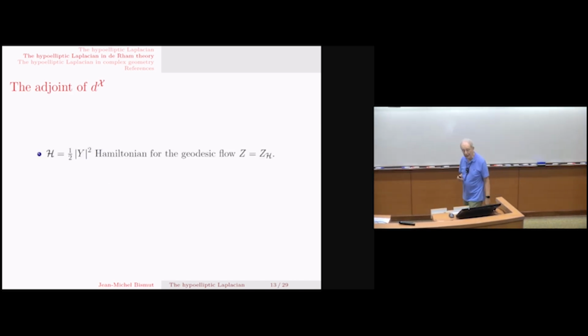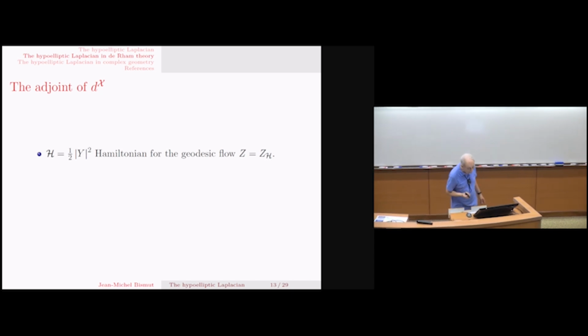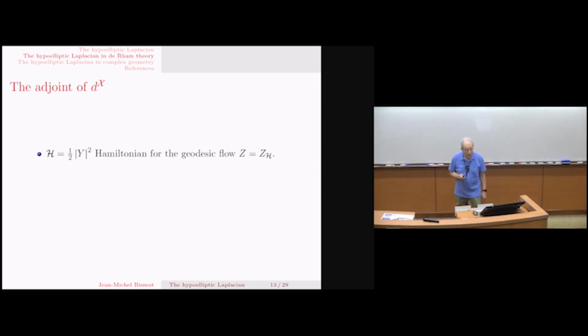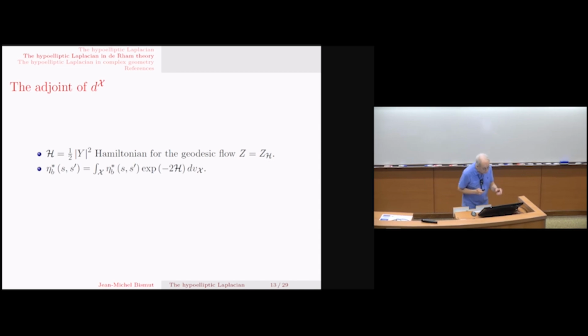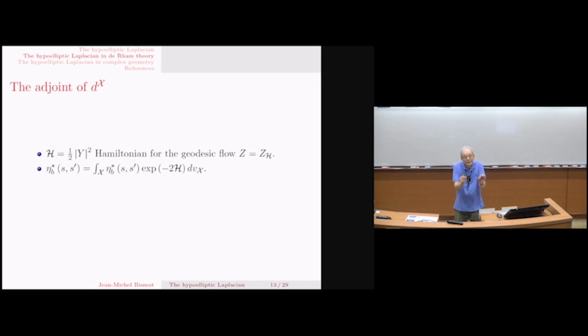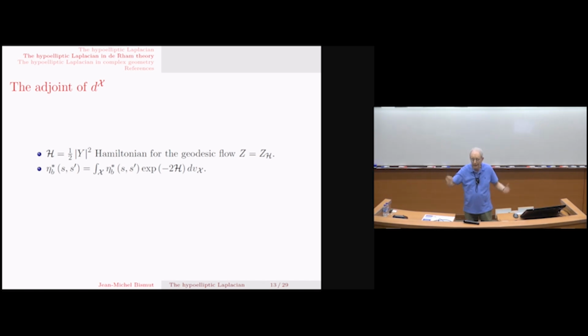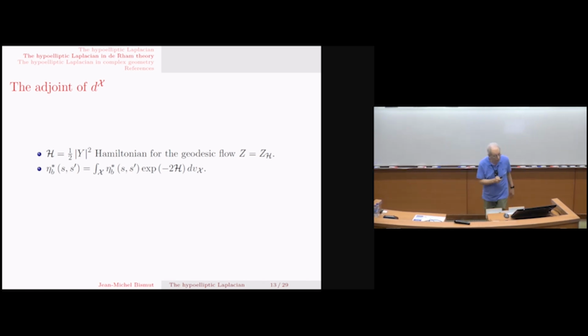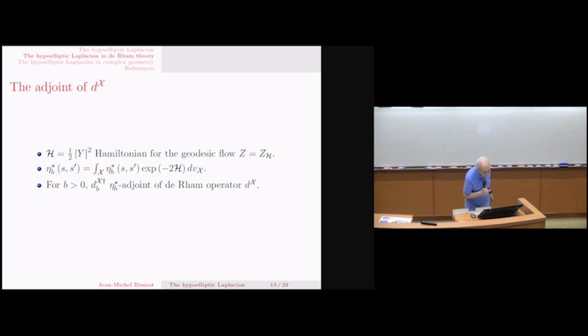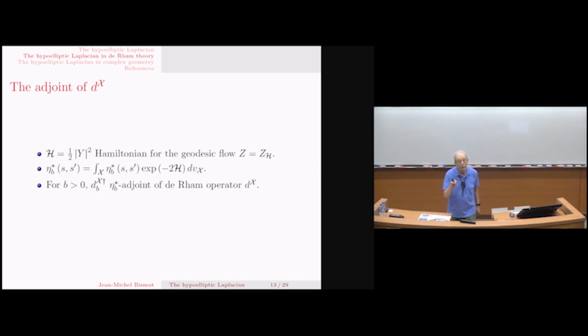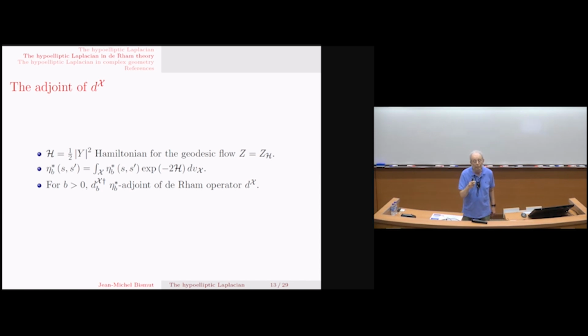So again, H is half of |Y|², the Hamiltonian for the geodesic flow, and Z_H is its Hamiltonian vector field. I introduce the bilinear pairing between smooth forms, starting from the form η_B. I have a volume form, which is actually the symplectic volume form, so there is no problem here. And I construct the adjoint of the operator d^X with respect to this bilinear pairing.